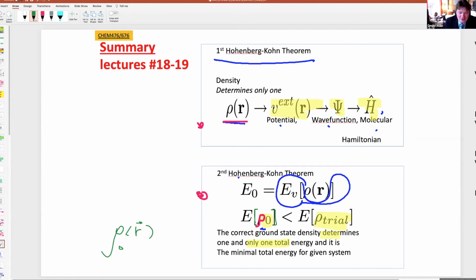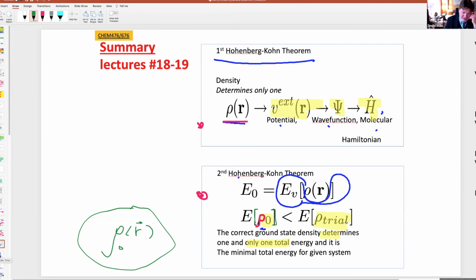Okay, so we need a procedure that will help us to find the density for the ground state. All our efforts in the remaining minutes today and next week will be oriented to this goal. The theorems that Lena successfully missed just tell us that if this density is known, then the energy is known.